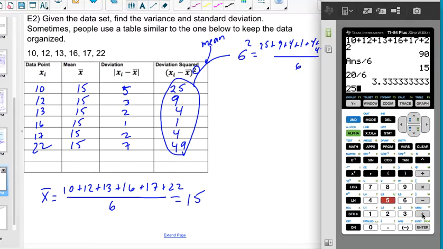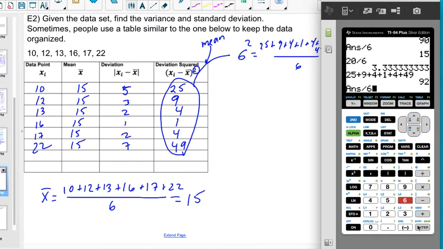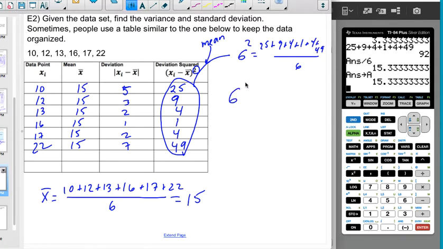I'm going to store that as A just in case I need it. So my variance, lowercase sigma squared, which should look more like a whistle and less like a 6, is approximately 15.333, or if you want to be exact, it's 15.3 repeating. So that is called variance.